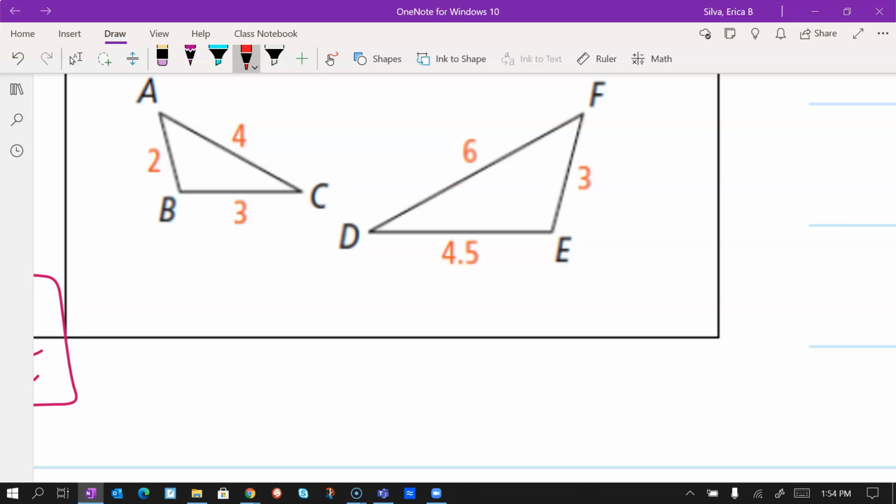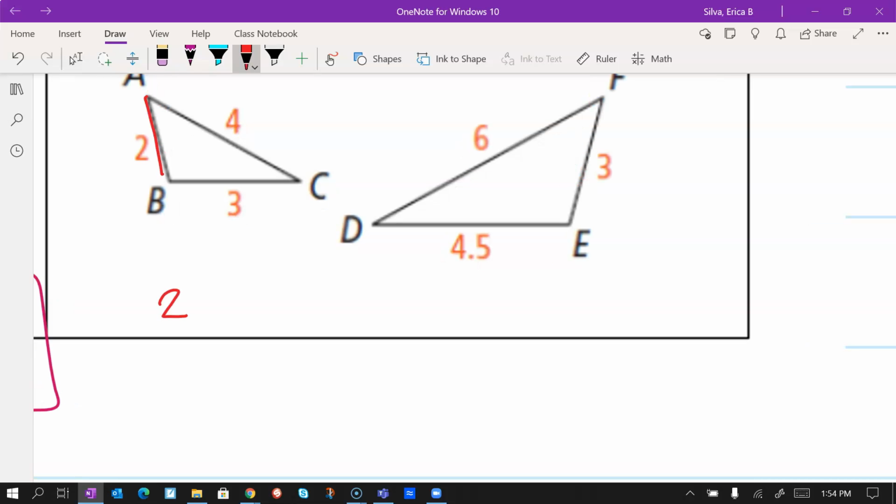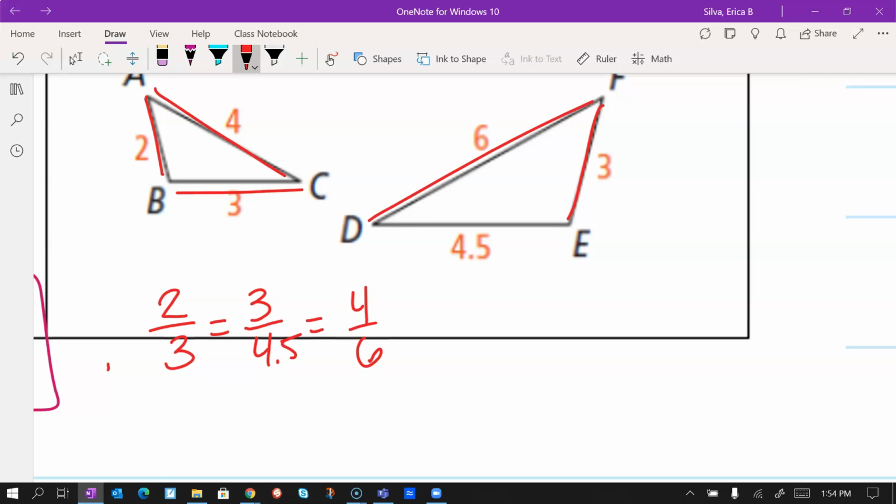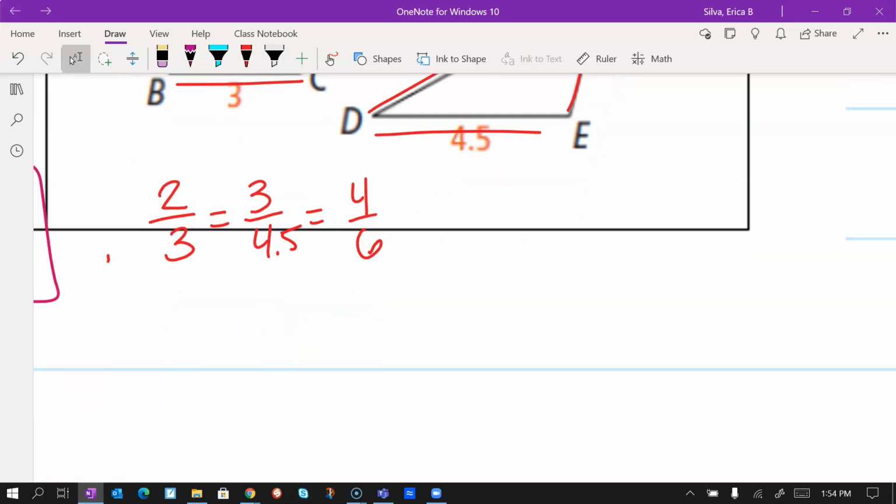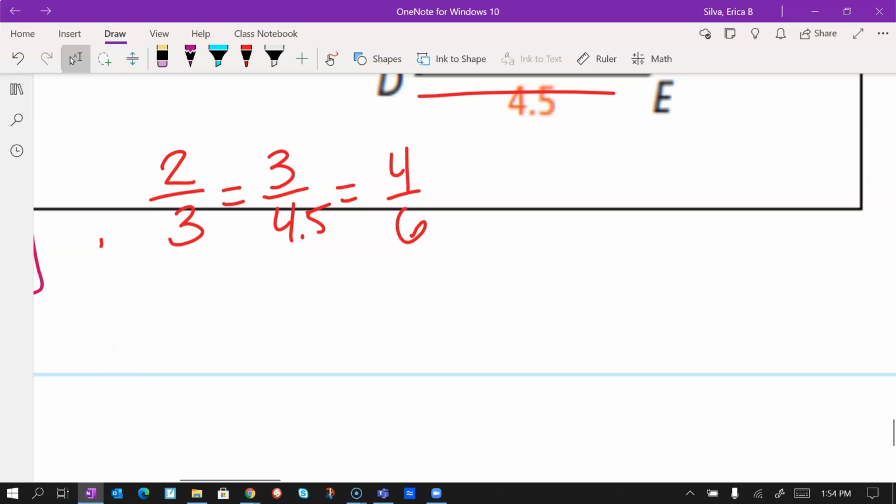All right, so what do we got? Good, so we've got 2/3, and then 3/4.5, and then 4/6. All right, does everybody agree? Yes, awesome. If we simplified it, did they all equal the same number? No? What's 2/3?